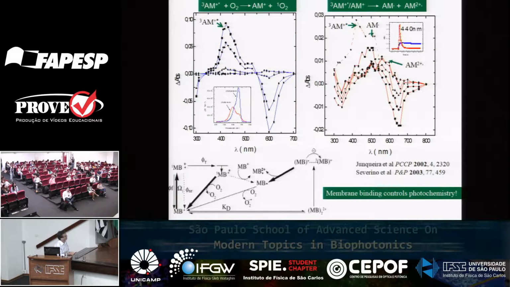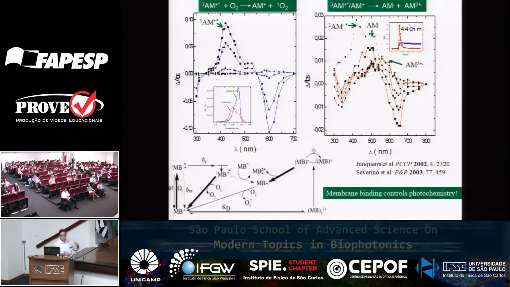However, when you are in an energized mitochondrion, the spectrum is very different. In the beginning, a few nanoseconds after the laser pulse, you do have the triplet here, but this becomes very short after the pulse, and the semi-reduced radical appears, with absorption at around 400 nanometers.